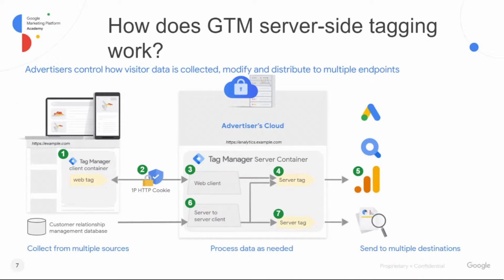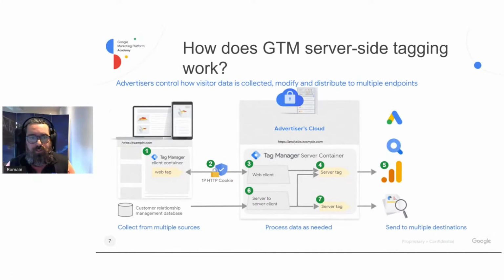Then what happens? Typically in a non-server environment, it's just sending the data to the endpoint, either Google Analytics or Ads or something similar. What happens here is that we take advantage of first-party cookies, HTTP cookies, sorry, and we'll go through in more detail what it is about later.